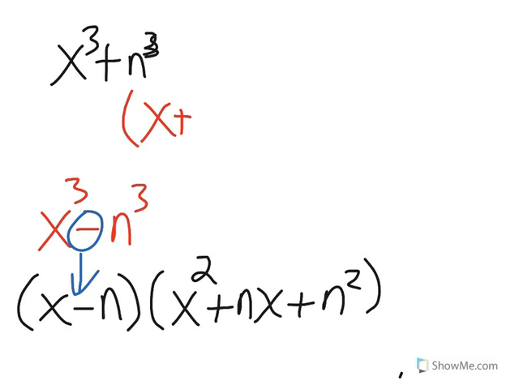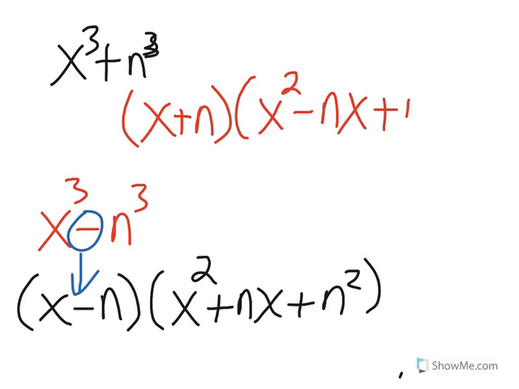So it's going to be x plus n, and then it's going to be x squared minus nx plus n squared. So once again, whatever the sign is there, it's going to tell us what's going to go in the first term. If it's a plus, the first one, it goes minus plus, and then it just kind of alternates. So those are the two examples. Write down each of these equations, and then we're going to go over two examples.